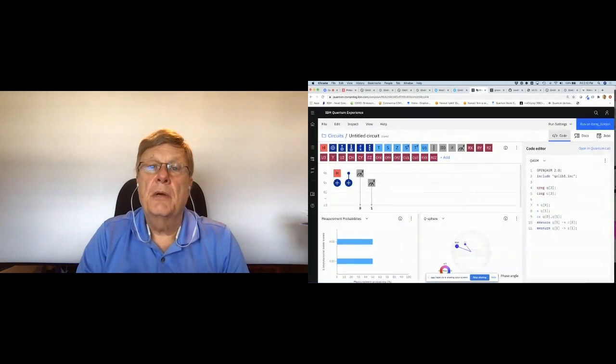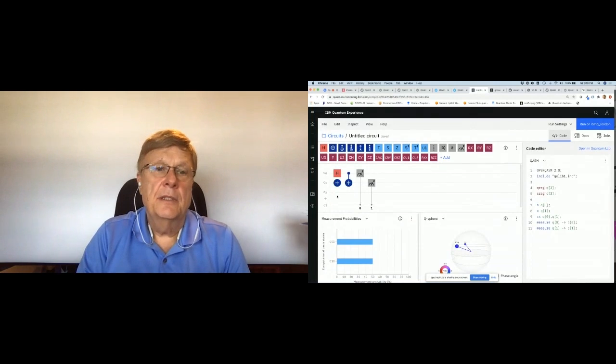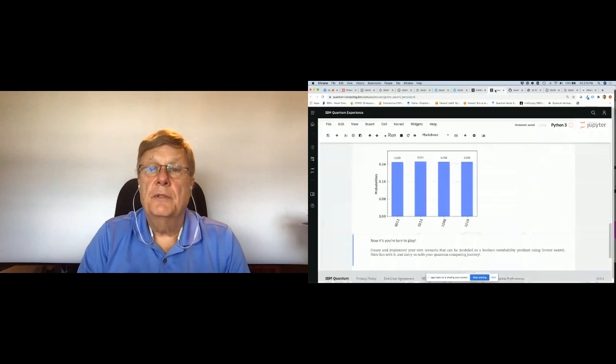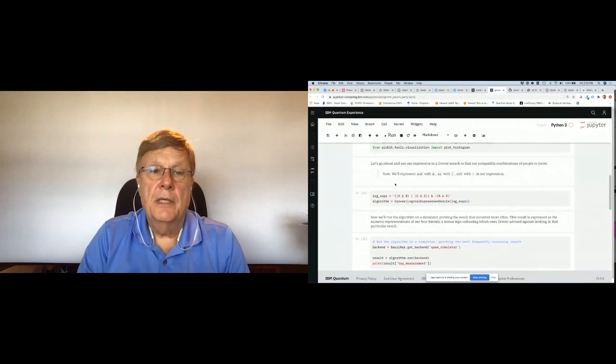So you can go in right now for free and play with quantum computing circuits, play with notebooks in Python, and when you use those notebooks in Python, you can run your programs on real quantum computers, and you can do that for free.